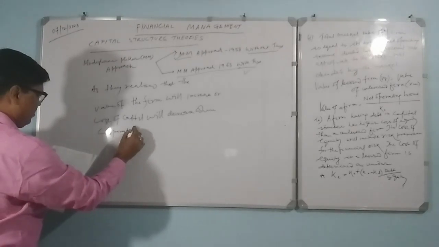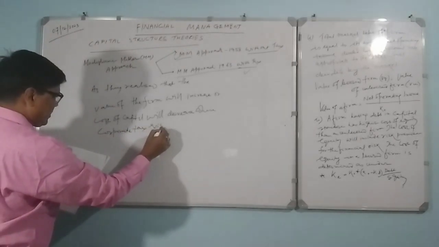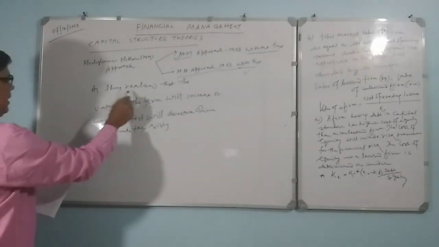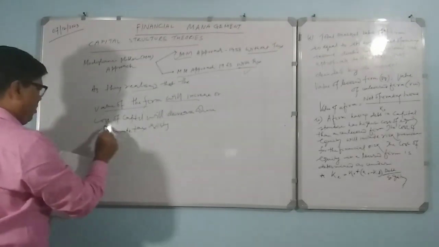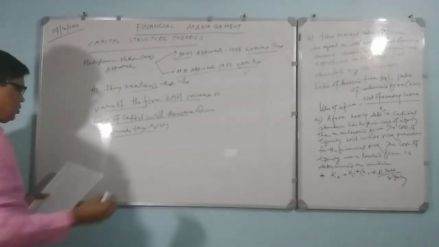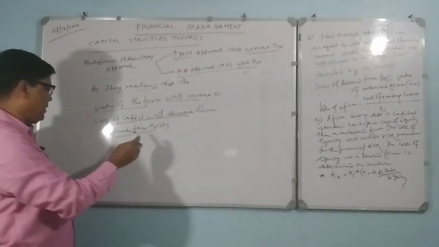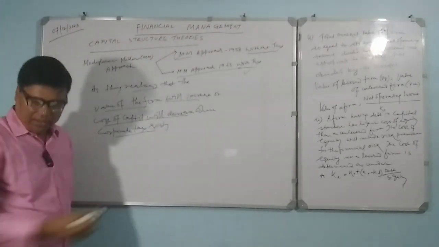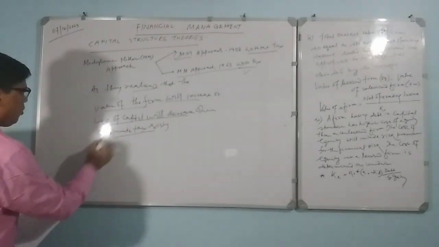You see, here one new thing has come. They realized that the value of the firm will increase definitely, or the cost of capital will decrease where the corporate tax exists. Value of the firm definitely will increase and cost of capital decrease where the corporate tax exists. This is one point.